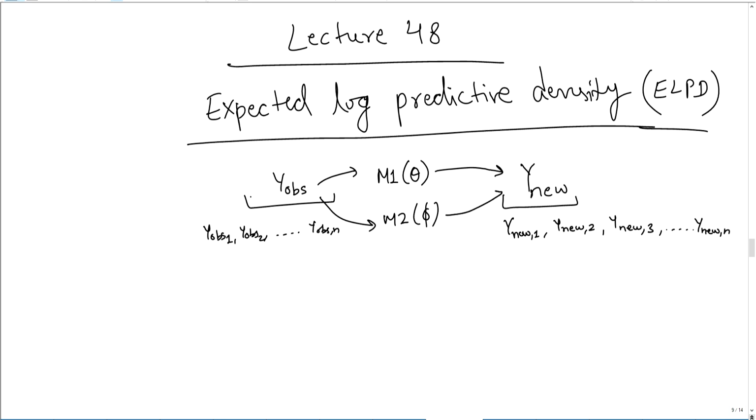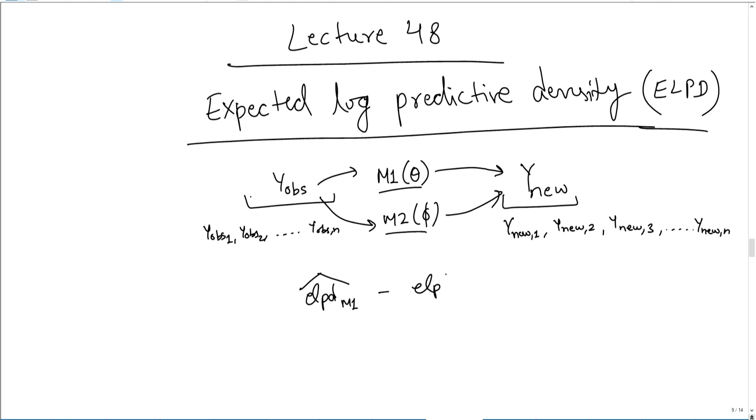We are going to measure predictive accuracy of this model and see which one is better at predicting future data. The measure that we are going to compute will be ELPD. We will compute ELPD of model M1, and this will be an estimate of ELPD. We are not going to compute exact ELPD, but always an estimate, in the same way as we obtain parameter estimates, not the exact parameter values.